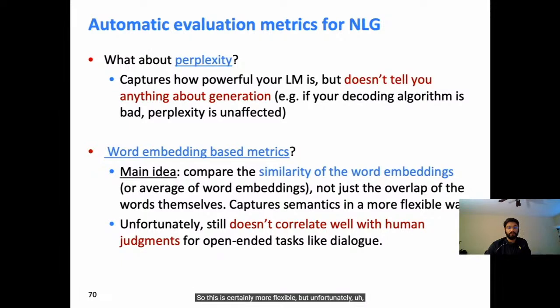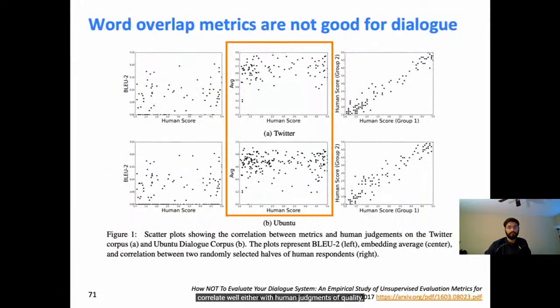So this is certainly more flexible, but unfortunately, the same paper I showed before shows that this doesn't correlate well either with human judgments of quality, at least for the dialogue task they're looking at. So here the middle column is showing the correlation between human judgment and some kind of average of word embedding based metric. So yeah, that doesn't look great either, not a great correlation.